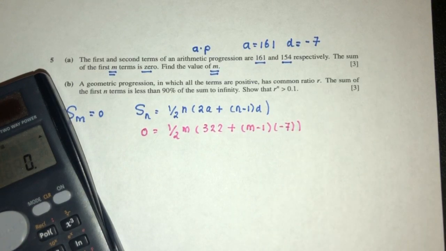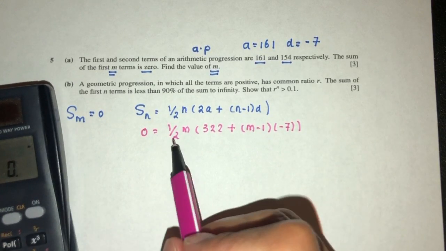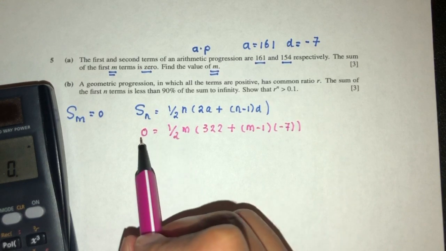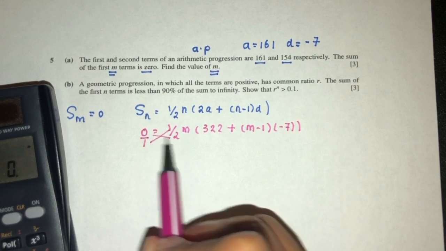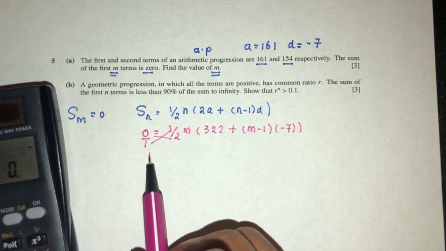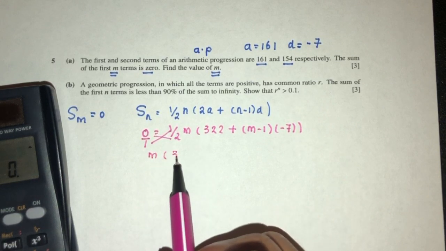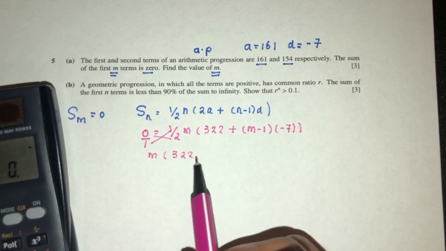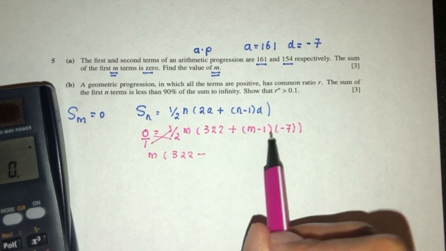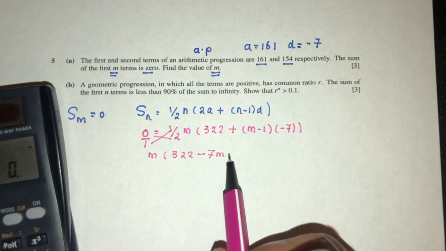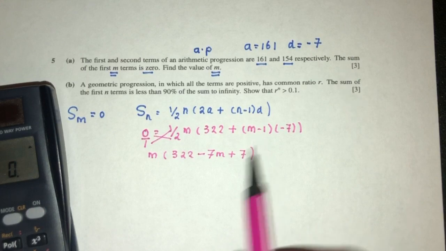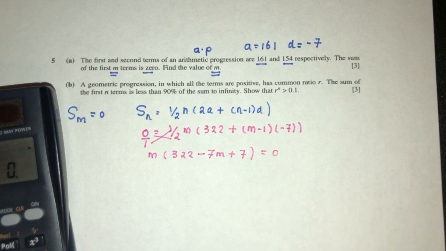So let's solve. The half goes away, so you have m times 322 minus 7m plus 7 is equal to 0.